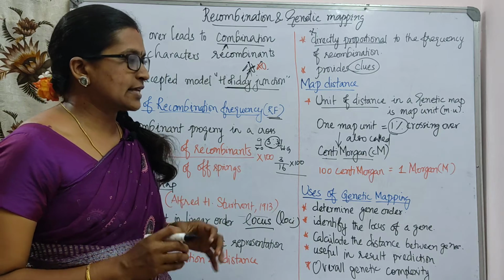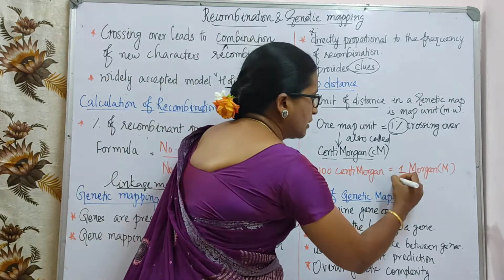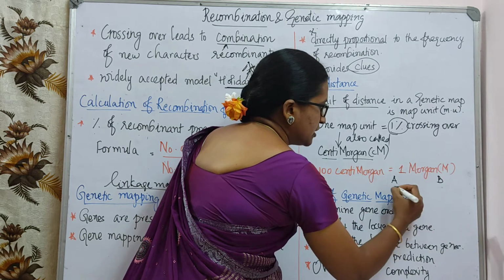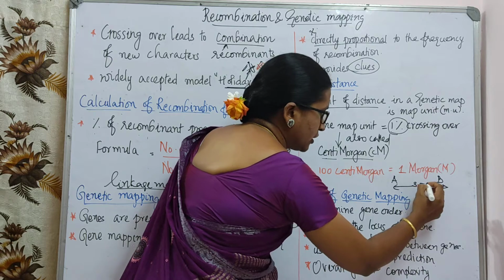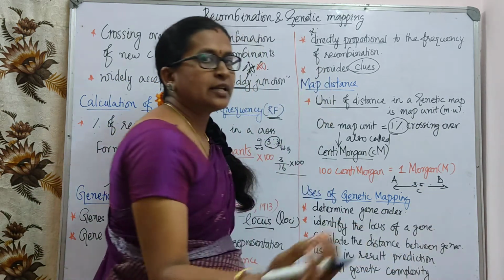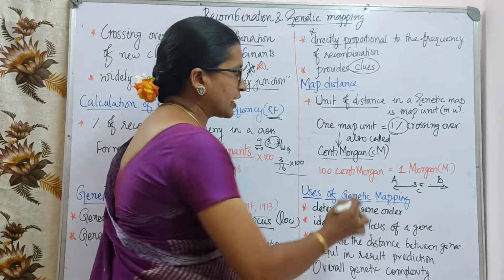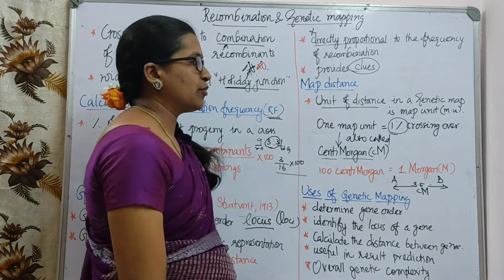For example, if they are giving two genes, A and B genes, having a distance of 3.5. Okay, what 3.5? We can't say centimeter or millimeter. Here we are calculating in centimorgan, 3.5 centimorgan.